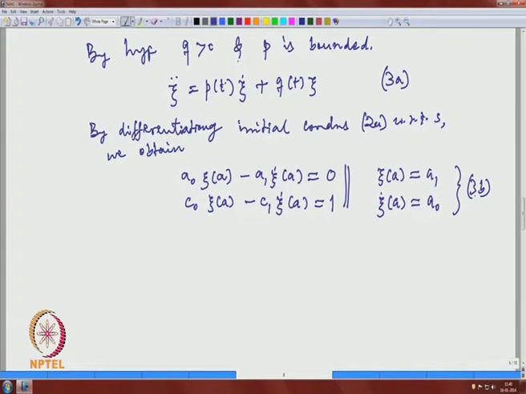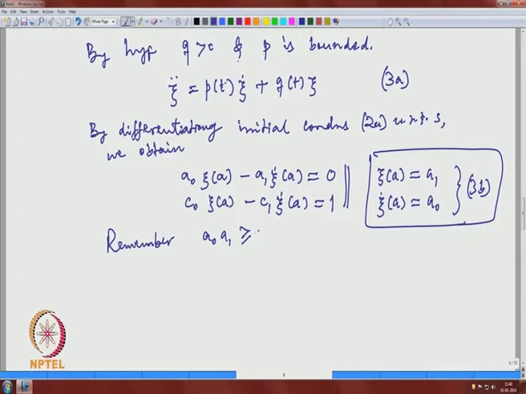Okay, now just concentrate on this condition and remember a0, a1, they have the same sign and they do not vanish simultaneously. So let us fix. So assume, the other case is similar, assume a0 is non-negative and a1 is non-negative.